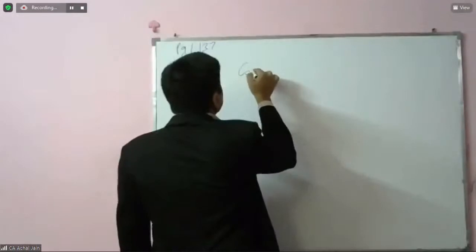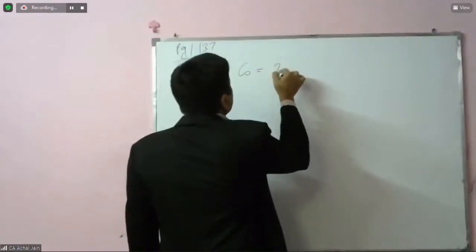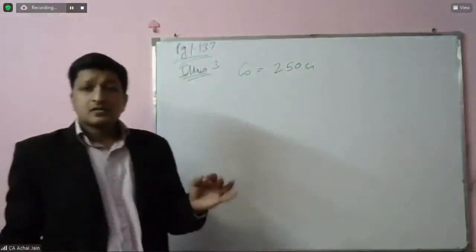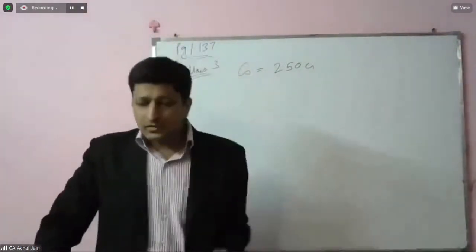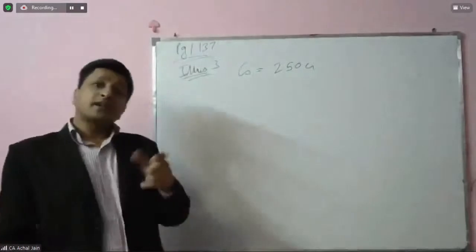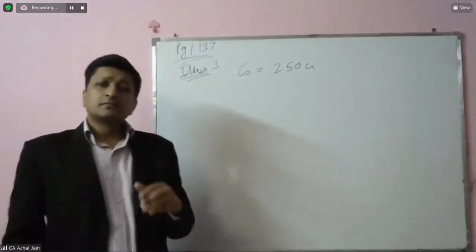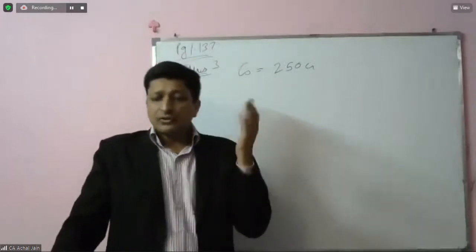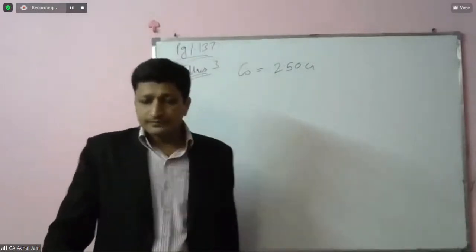So there is a company whose turnover is 250 crore. They are starting to market a new product. And they are expecting out of this new product, 25 crore will be generated. Means they will be able to have a revenue of 25 crore from the new product.